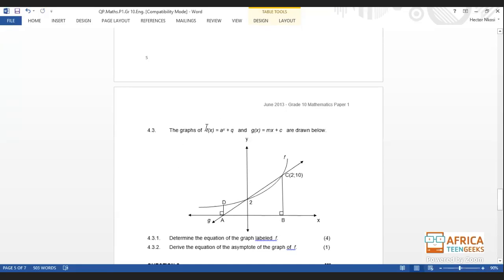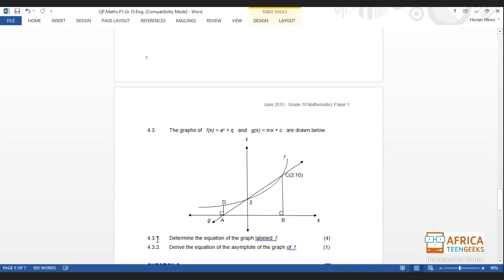It says the graph of f of x is equal to a to the power x plus q, and g of x is equal to mx plus c are drawn below. This is your graph, and because it's a to the power of x, we know this is the exponential graph. And g of x, mx plus c, that's your straight line equation.